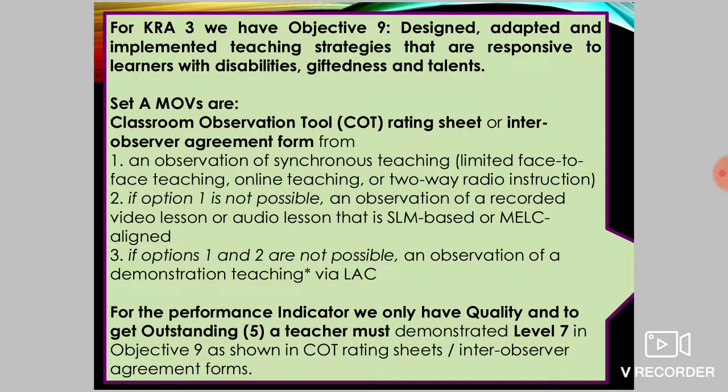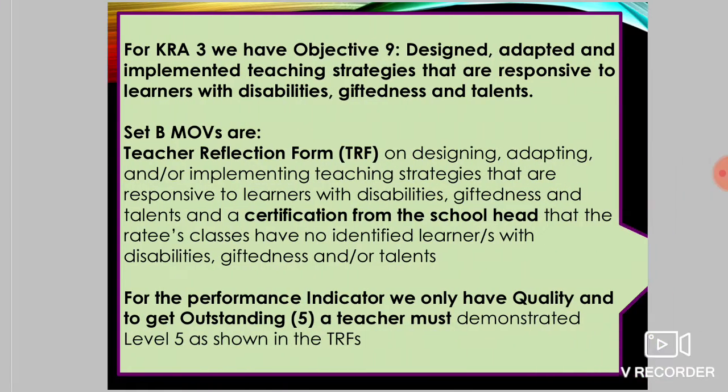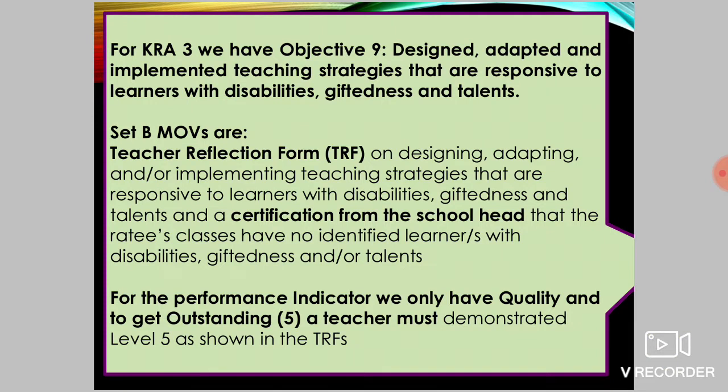Ibig sabihin, maganda yung ginawa mong lesson at naaangkop niya lahat, no? Yung objective 1 to objective 9. So, that's good. And for set B naman, kung hindi naman siya observable, hindi supplemental material ang gagamitin mo, bagkus ay gagamit ka ng teacher reflection form. At mayroong form naman dyan.